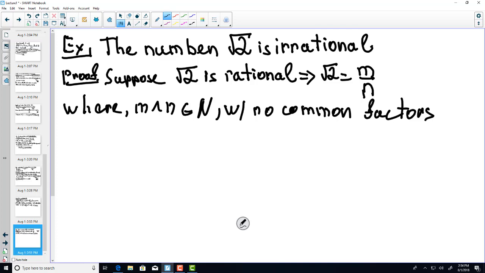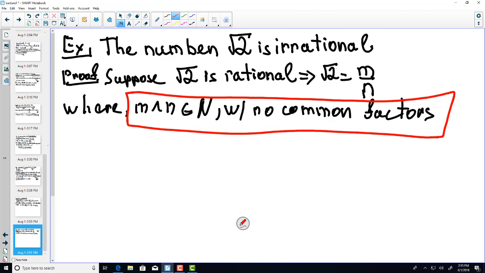The statement that m and n are integers with no common factors is one of the important parts of the proof, because at the end we are going to have an argument that m and n have a common factor, and in that case we conclude a contradiction.